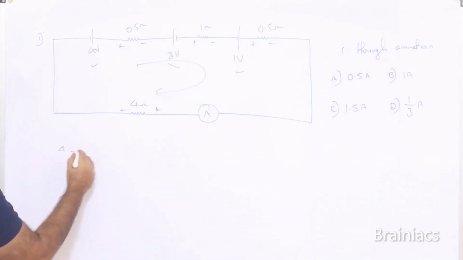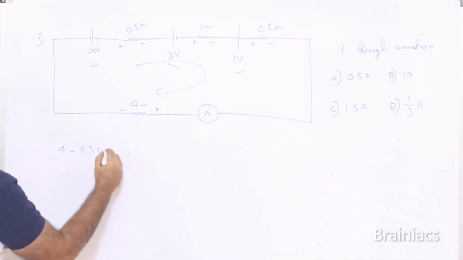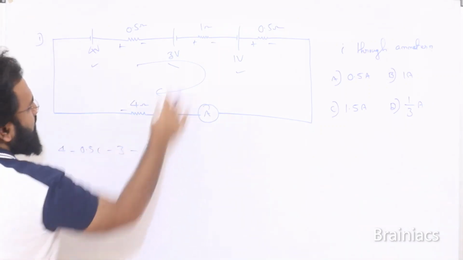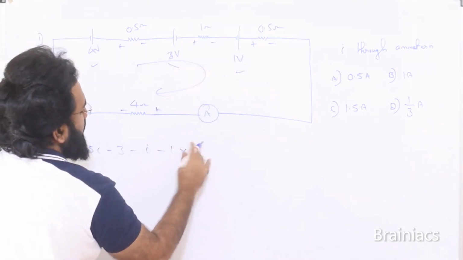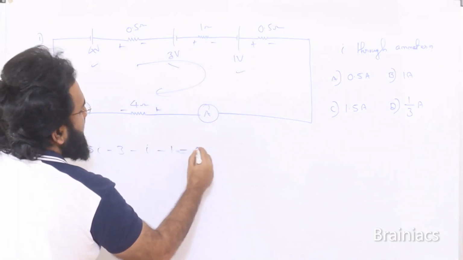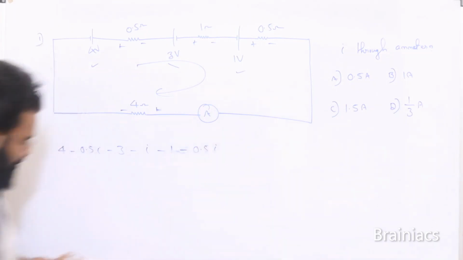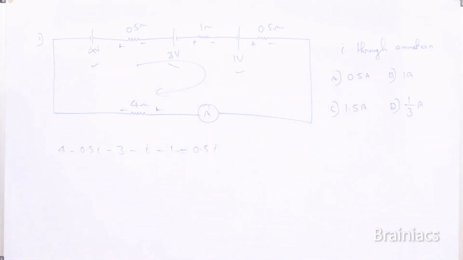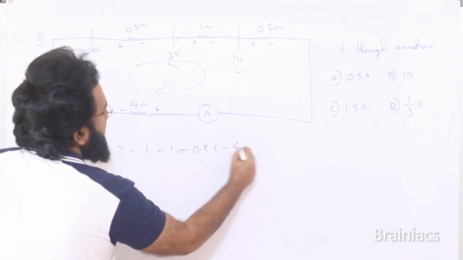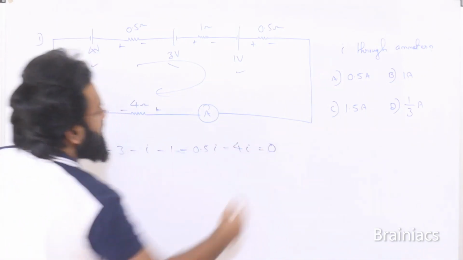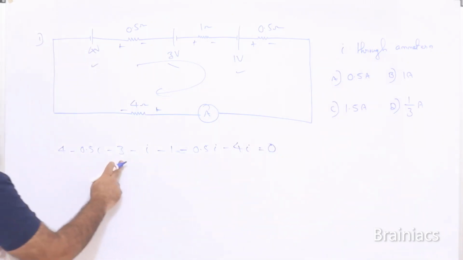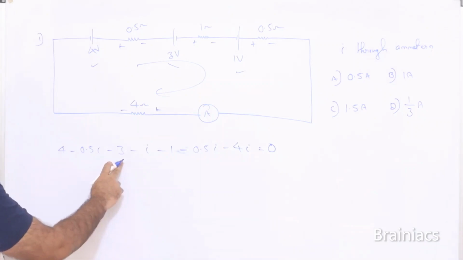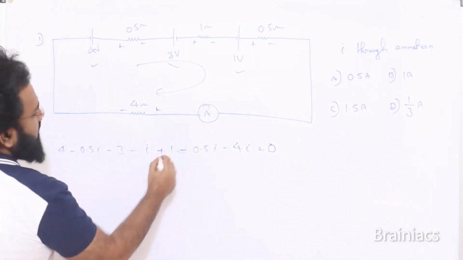So 4 minus 0.5 I minus 3 minus I, then minus 1 into minus 1 minus 0.5 I, then minus 4I is equal to 0. So solving this we will be getting the answer. So 4 minus 3, this is plus 1.